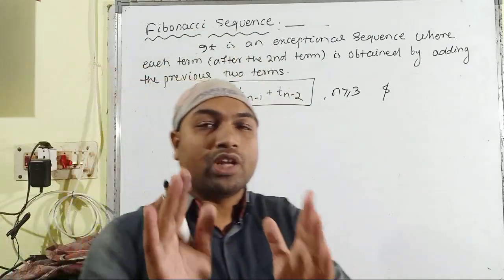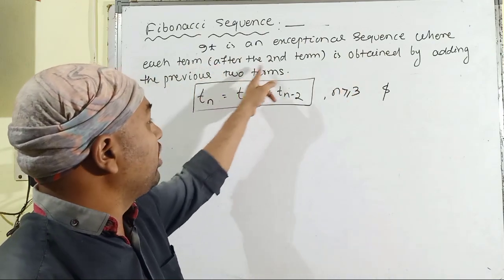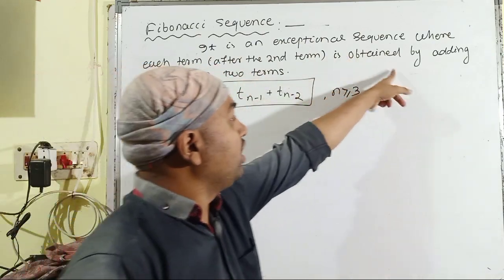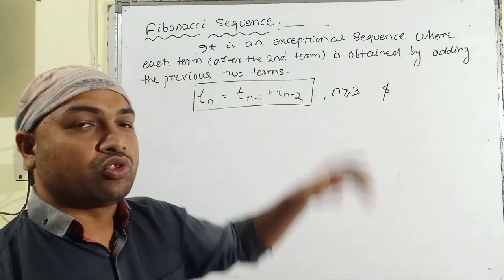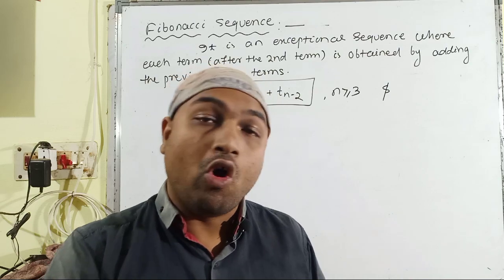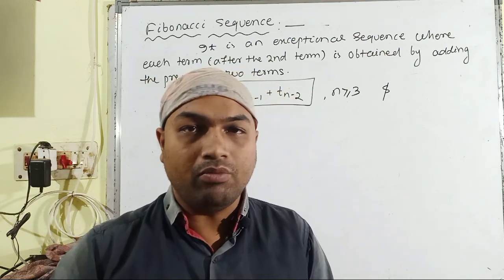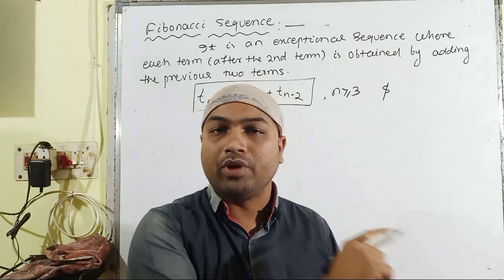The Fibonacci sequence is an exceptional sequence where each term after the second term is obtained by adding its previous two terms. That means we have to determine the terms from the third term onwards.